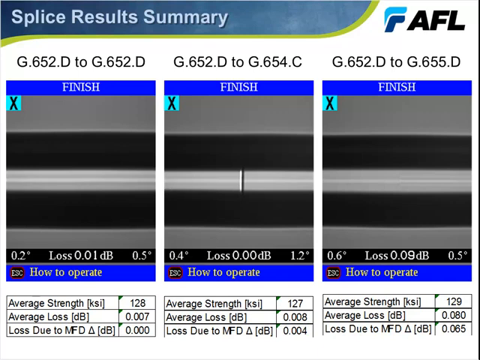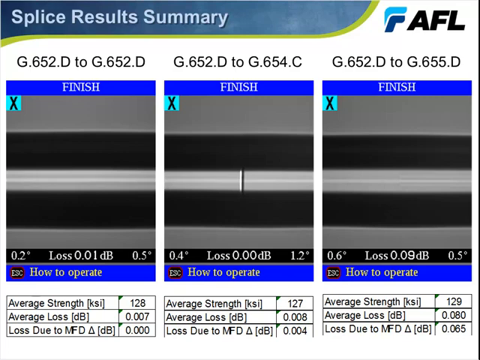Whereas with the right-hand image, where we're seeing the 652 fiber to the 655, even though that image looks almost as uniform left to right as the left-hand image of the standard single-mode splice to itself, frankly speaking, that fiber combination represents a higher average loss due to that mode field diameter difference.